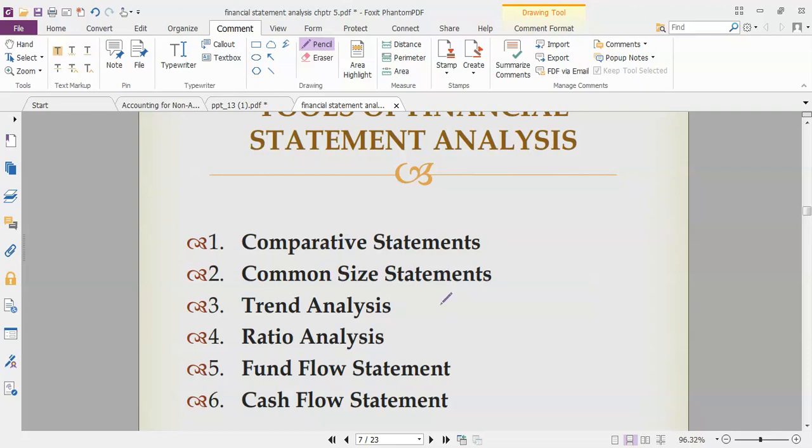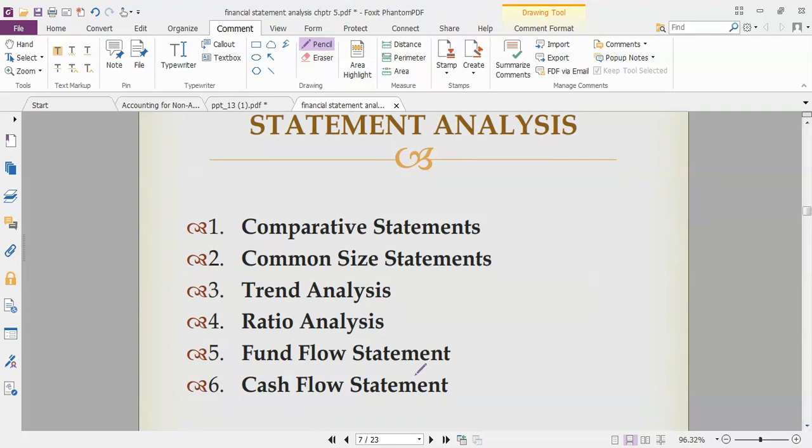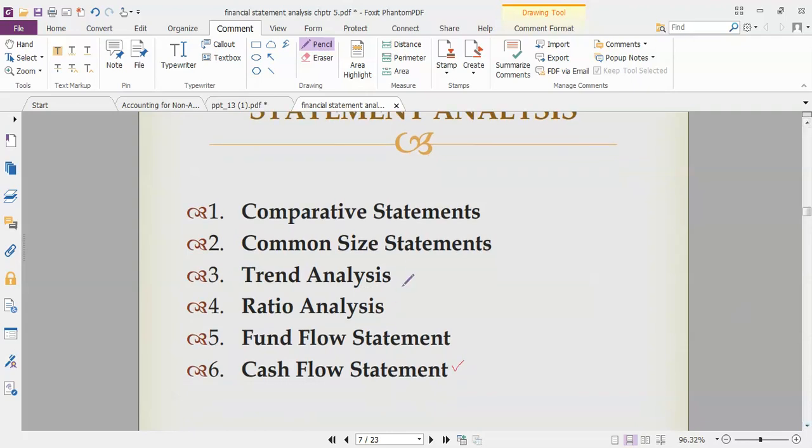For example, if you want to compare manufacturing companies, you choose two manufacturing companies and then you compare by analyzing the financial statement using ratios. And then the trend analysis, ratio analysis, fund flow statement and cash flow statement. The cash flow statement we already mentioned before, in chapter 4. So we will look at ratio analysis actually.